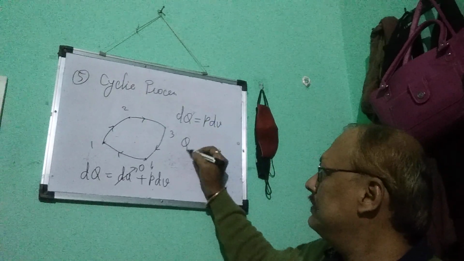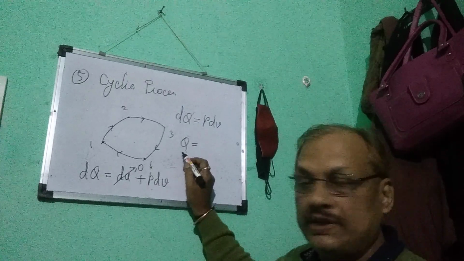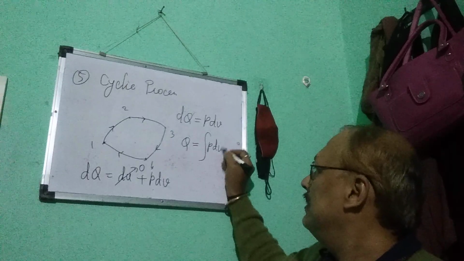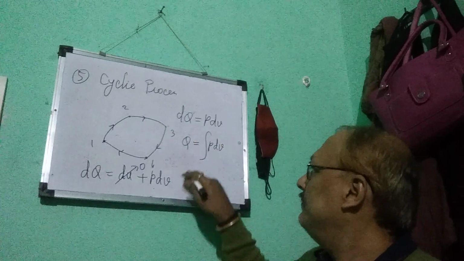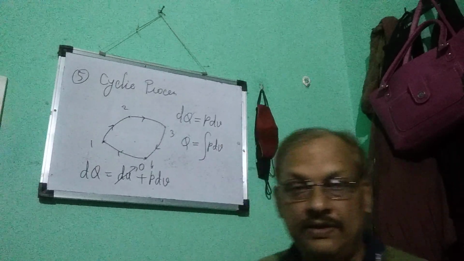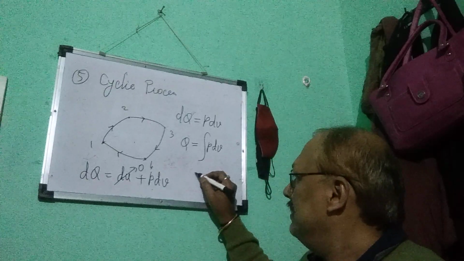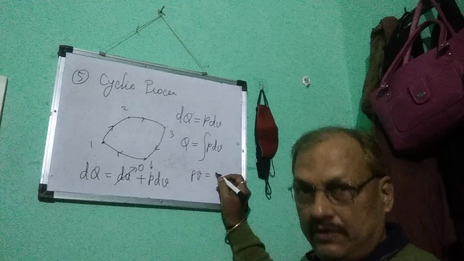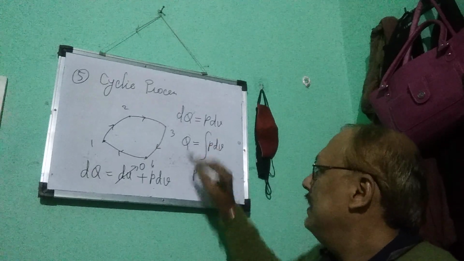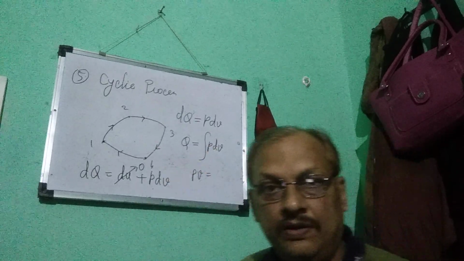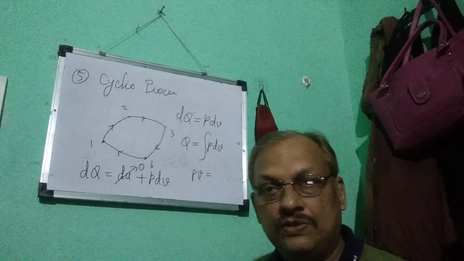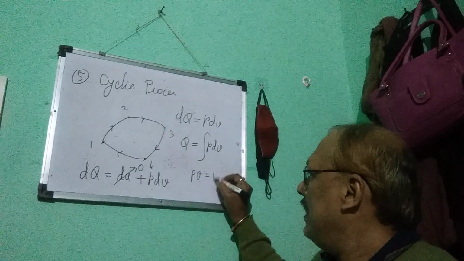So suppose q is asked, then the integration of pdv, and this p will be given by the gas equation, pv = mRT. Actually we took specific quantities, per unit mass, so pv = RT.